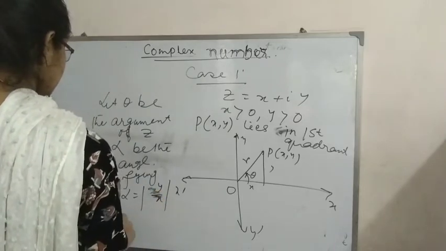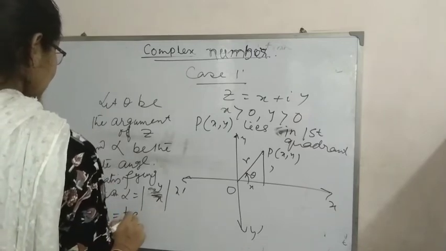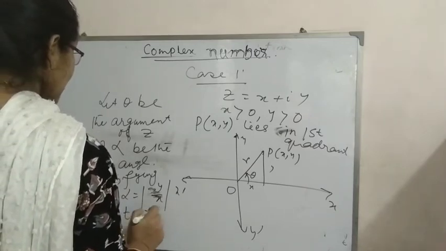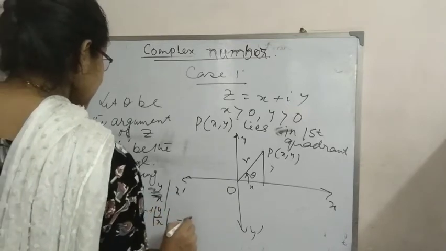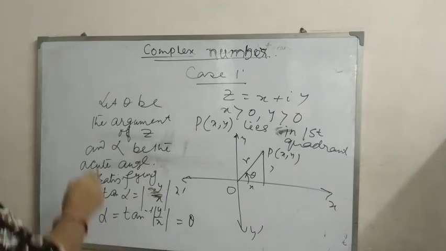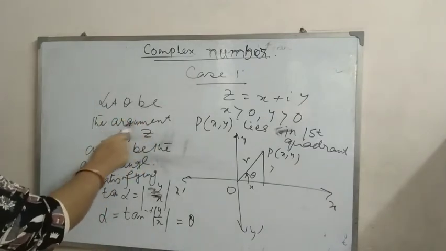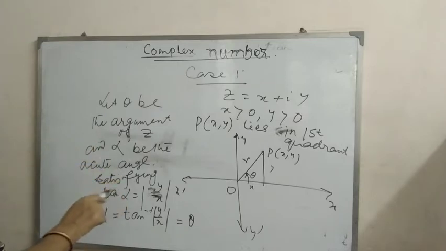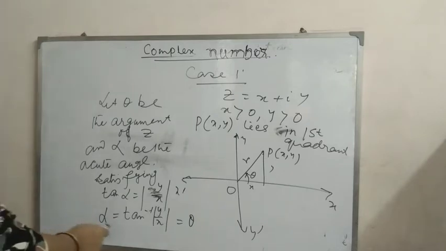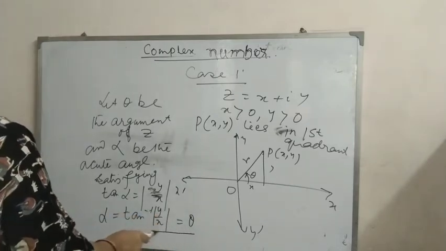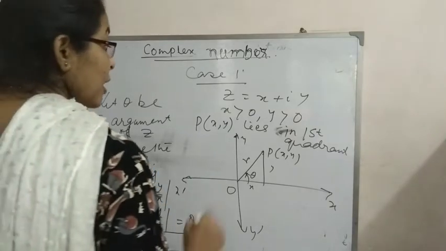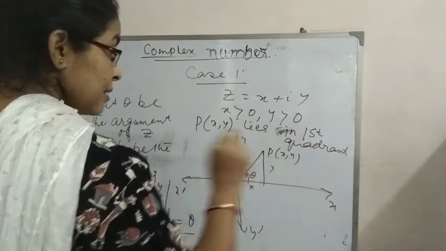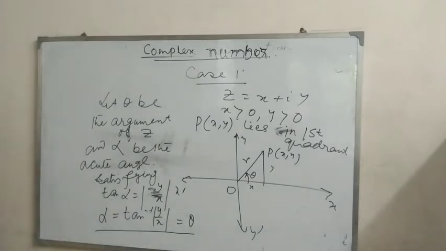So alpha equal to tan inverse of mod y by x. Theta is the argument of z, and alpha is the acute angle satisfying tan alpha equal to y by x. Here alpha equal to tan inverse y by x, and alpha equals theta when P lies in the first quadrant. Then alpha equal to theta, which is the argument of z.